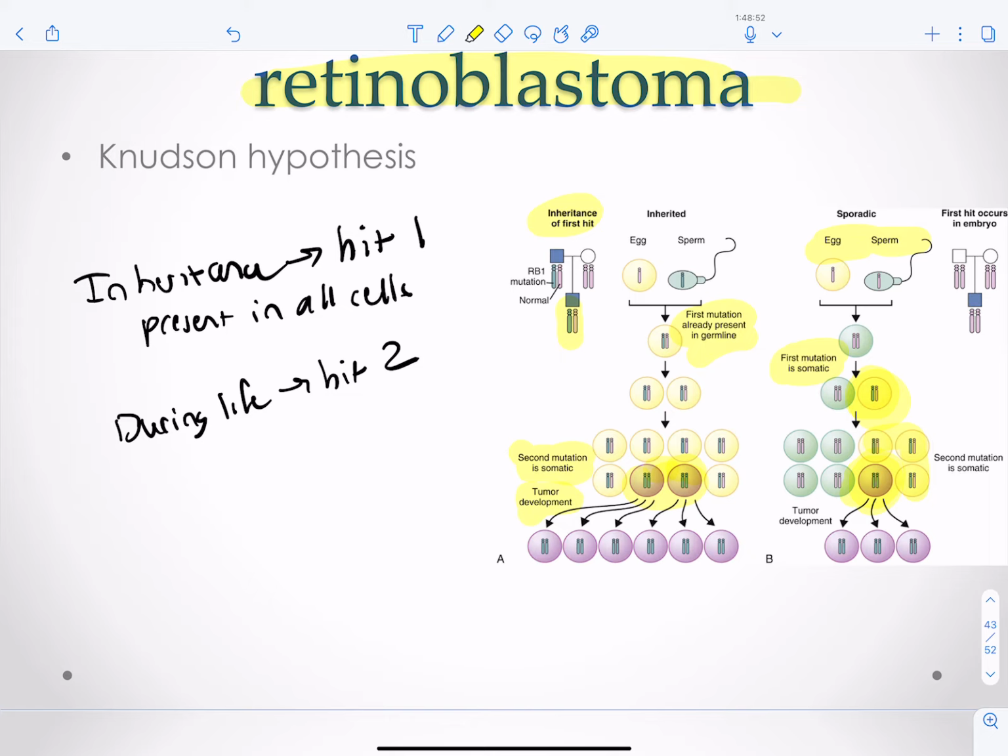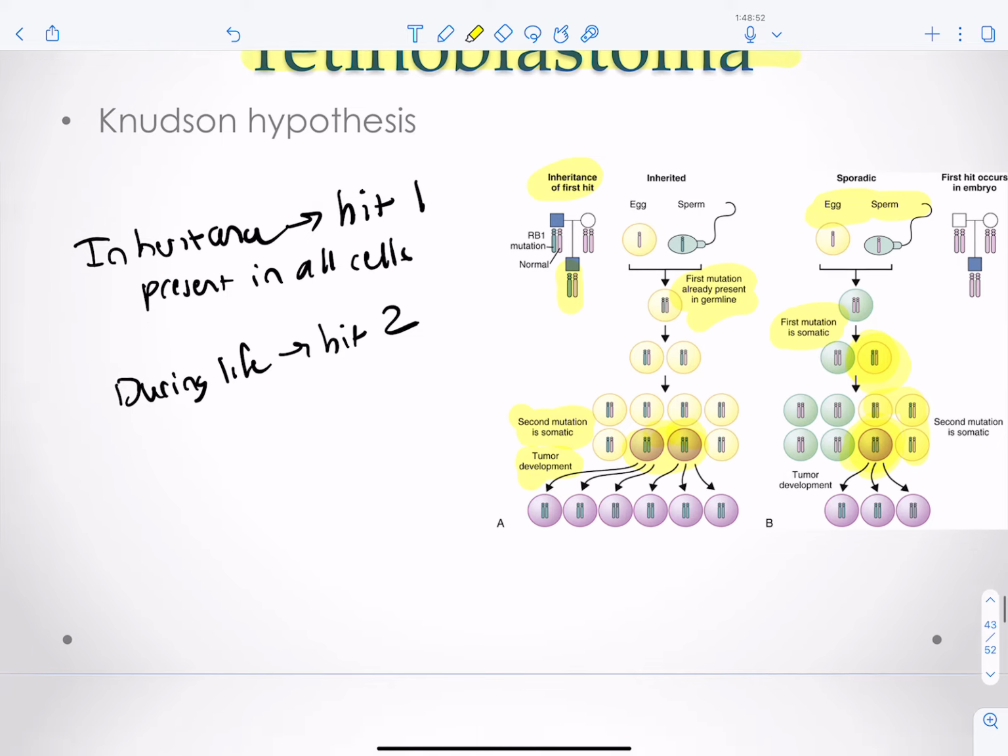Now, this is a little bit simplified because you still have your tumor suppressor genes involved. And so it's thought that your proto-oncogenes need to be mutated, but your tumor suppressor genes also have to be mutated for cancer to develop.